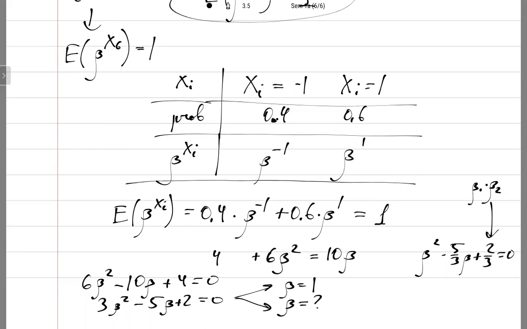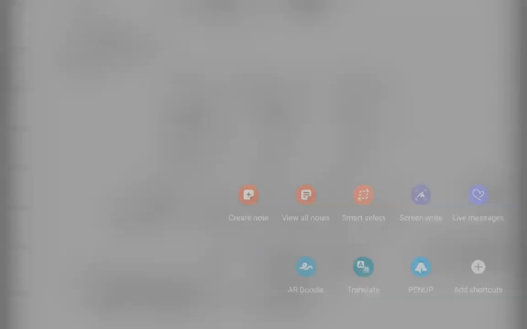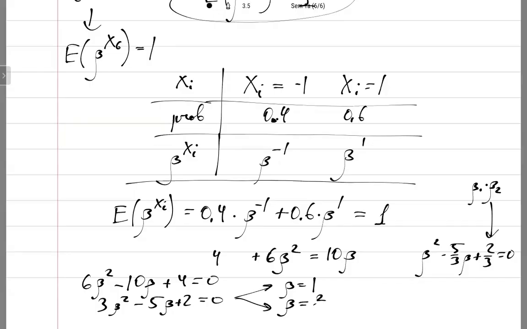So the other beta should be 2 over 3. So basically, we know that Y_t, which is equal to 2 over 3 to the power S_t, is a martingale.